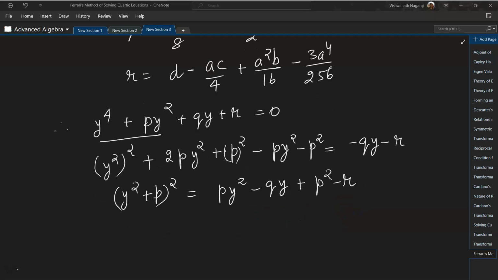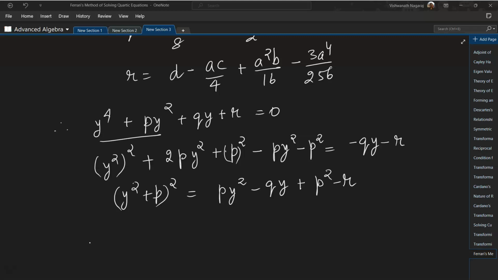See, here our objective is to have perfect squares on both sides of the equality, right? Not only that, but perfect square means we will end up with a term here and an expression here, both of which should be perfect squares. Not only that, when we expand it, we should end up with 5 terms, that is x to the power of 4 plus ax cube plus and so on, totally 5. Here we have only 3, right?